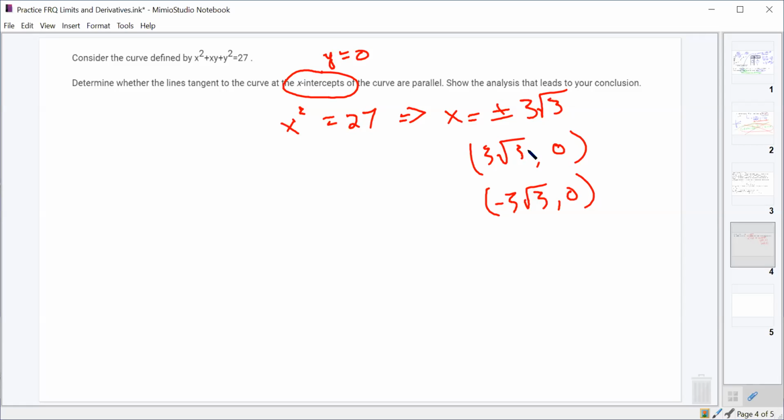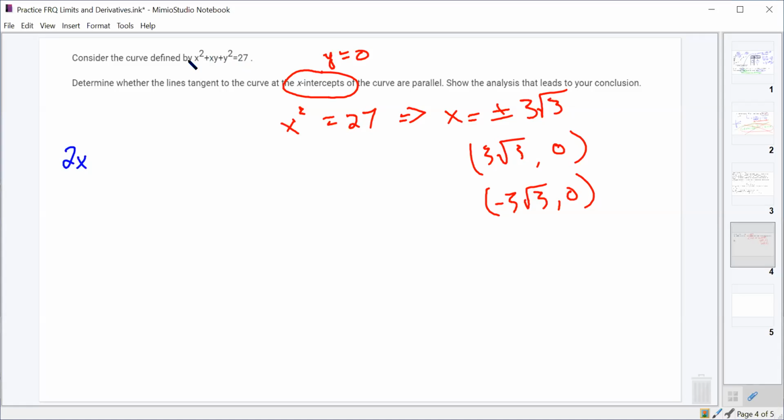So what we'll do is we'll go in and we will take the derivative of x squared plus xy plus y squared equals 27. And how will we take that derivative? Implicit differentiation. Exactly. Implicit differentiation, because we have x's and y's in there, and we need to differentiate with respect to x. So the x squared becomes just 2x.